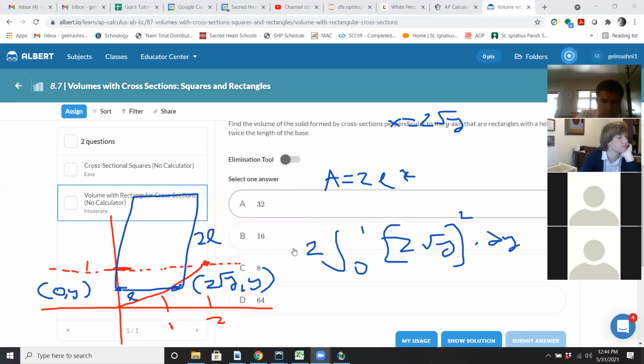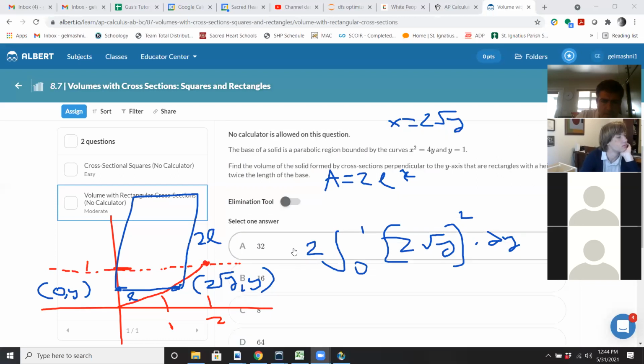That's weird. 2 root y, that's the length. So you've got to multiply by 4.